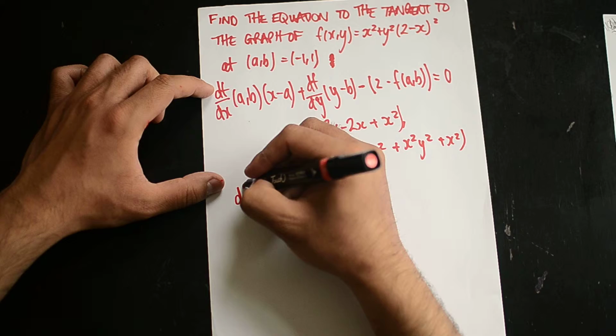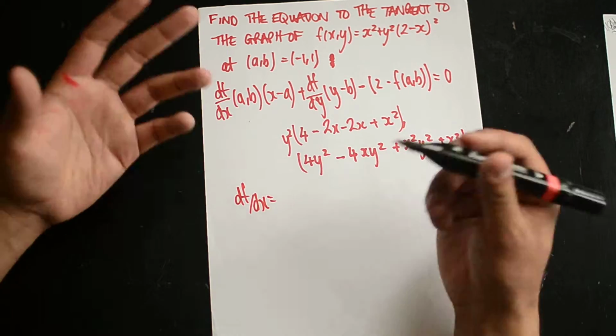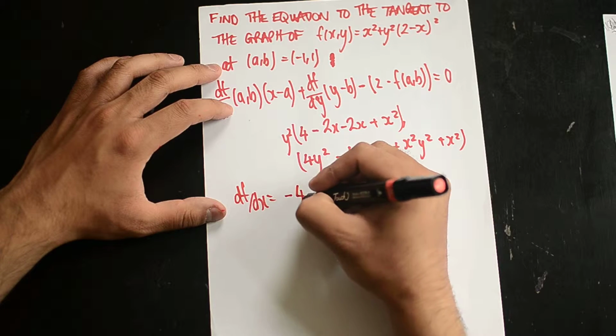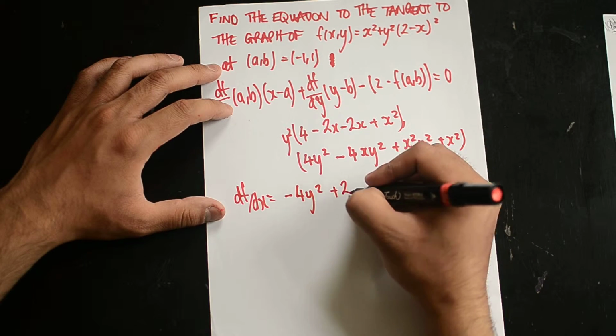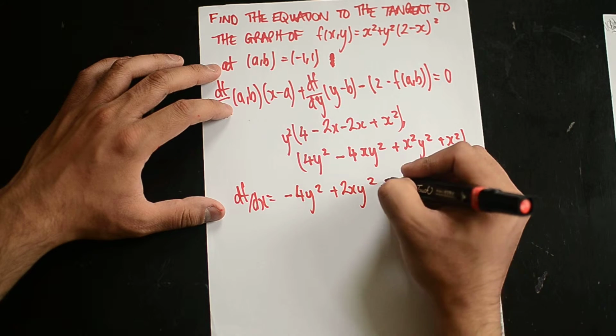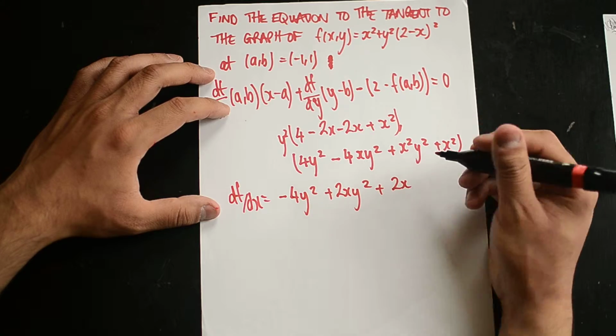So df/dx would mean this disappears magically, and this would be 4y squared. This term would be plus 2xy squared, and the last term would be plus 2x. So this is df/dx.